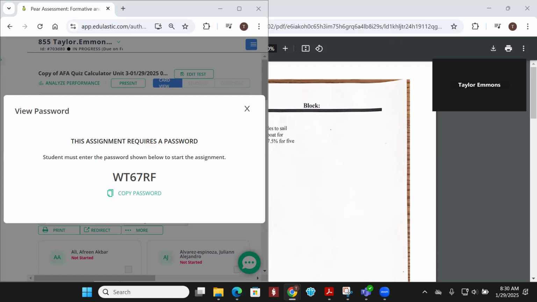Okay, if you're in there, it's fine. If the calculator is giving you a hard time, log in and use this. It's a copy of the AFA quiz calculating steps.